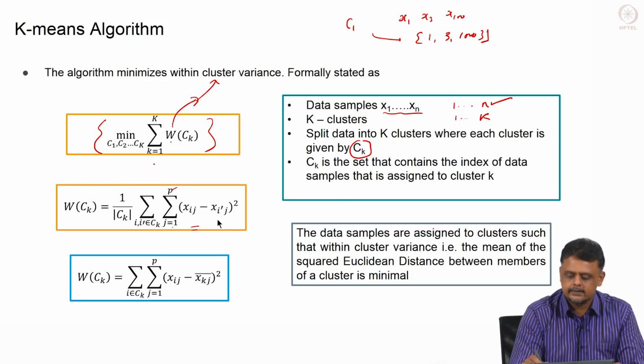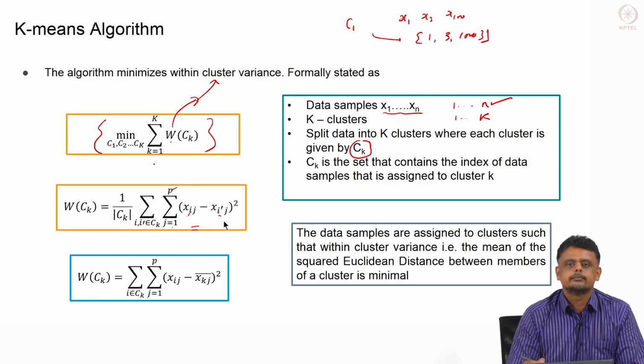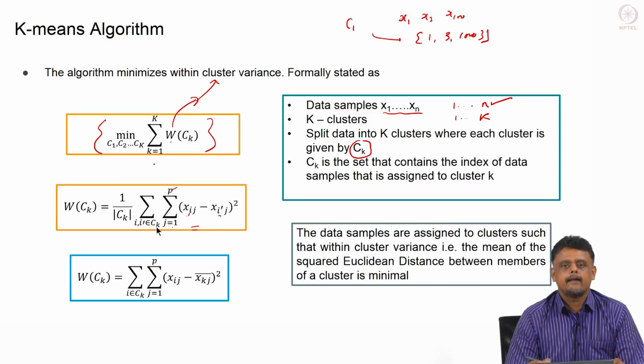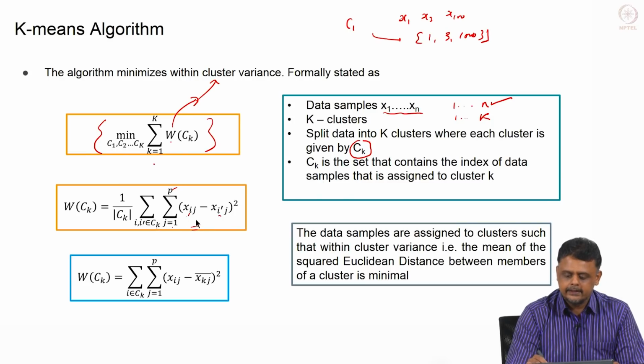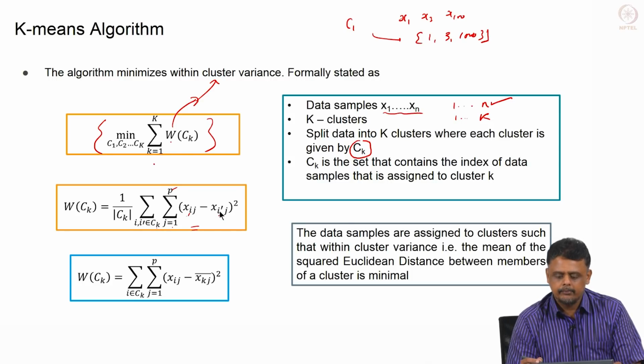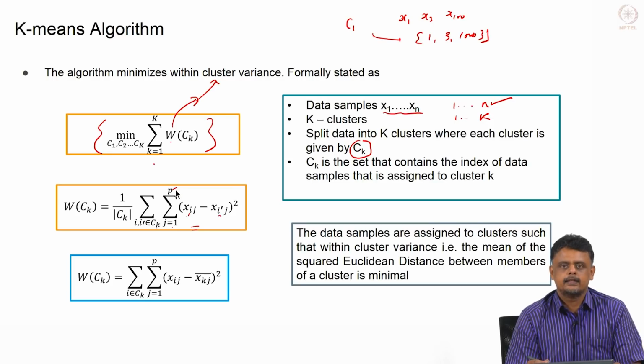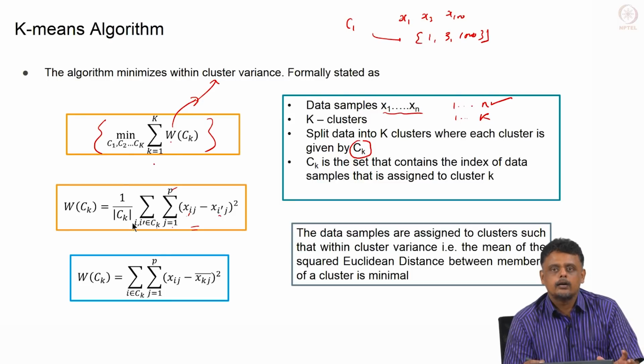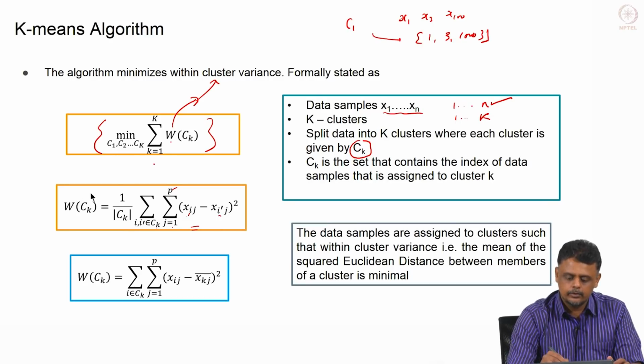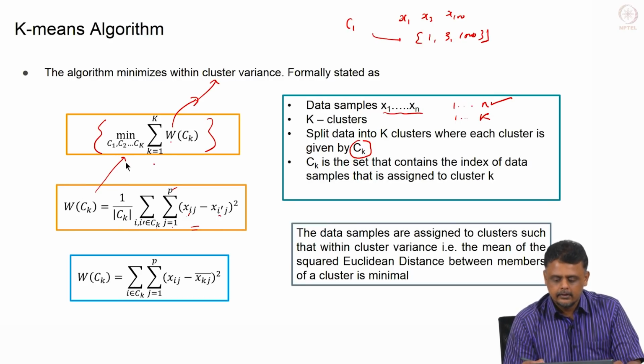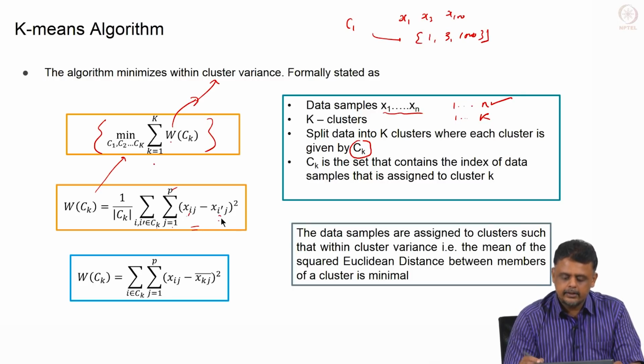So, we calculate the Euclidean distance between two data points I and I prime belonging to a particular cluster k, right. For each pair of data points I and I prime, we calculate the Euclidean distance between them by summing over its feature distances, and of course, we take the mean value for every cluster, right. This is the cost function for the single cluster, and of course, we have to sum this over all the k clusters. It is possible to rewrite this particular cost function in this form.